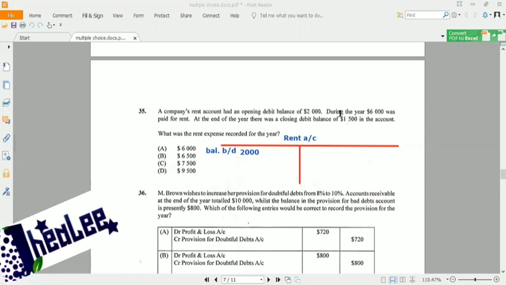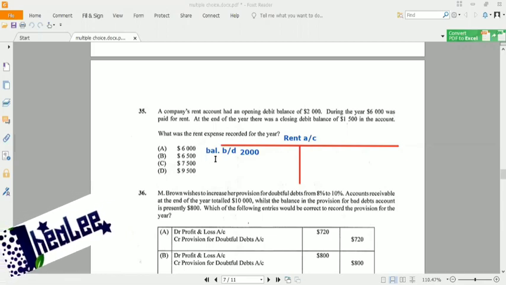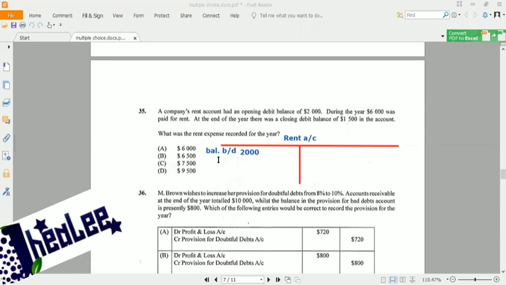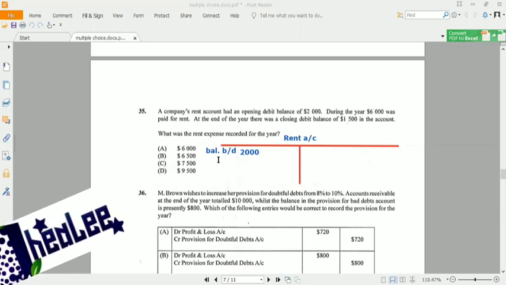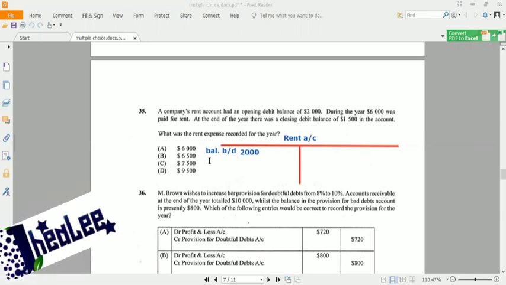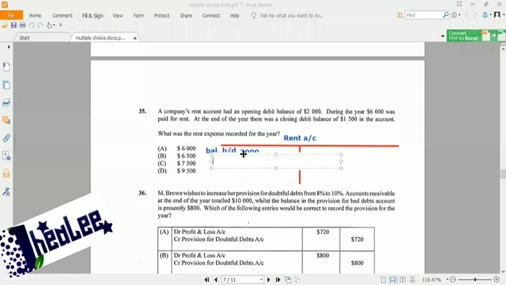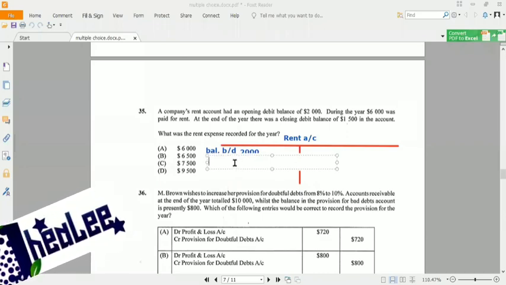Now, during the year, 6,000 was paid. When you pay for an expense, what entry do you make in the expense account? It is a debit entry.